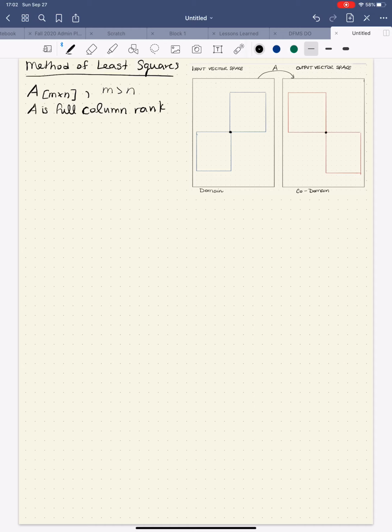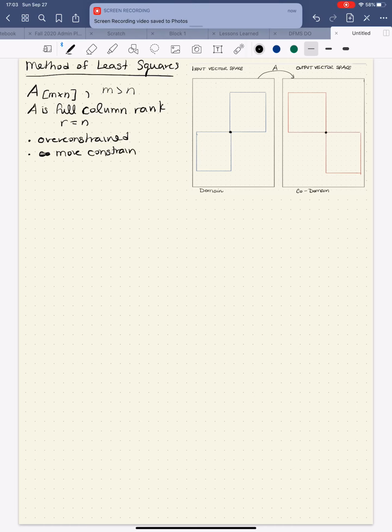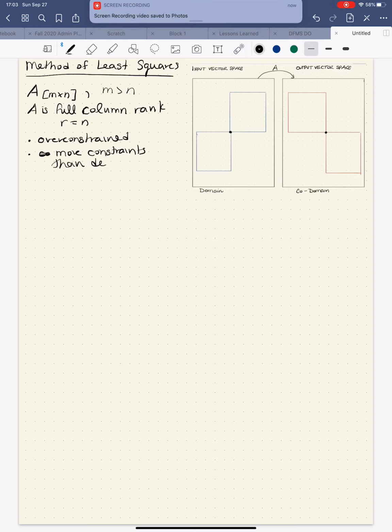And so that means that r is equal to n. Okay, so what this means is that we have a system that's over-constrained. The other way that you can think of it is that there are more constraints than degrees of freedom.